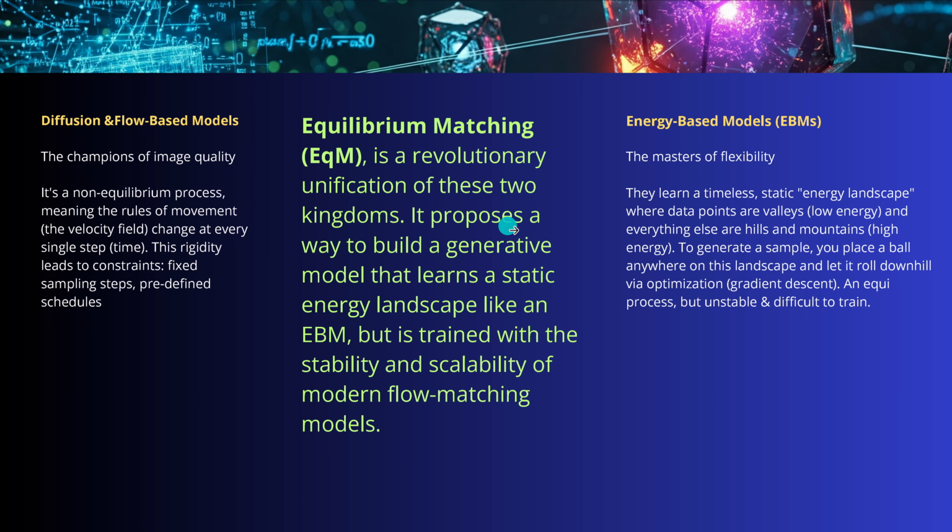It proposes a mathematically pure way, but I have not yet the time, I need a weekend to really understand the mathematics behind this, to build a generative model that learns a static energy landscape, like an EBM, but is trained with the stability and the scalability of modern flow matching models. The best of both worlds.